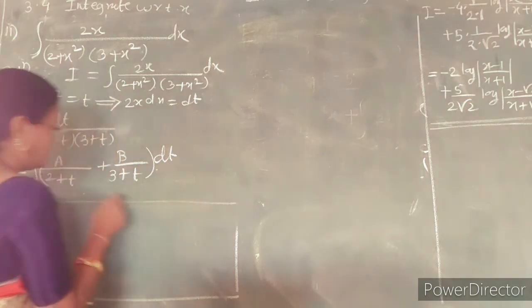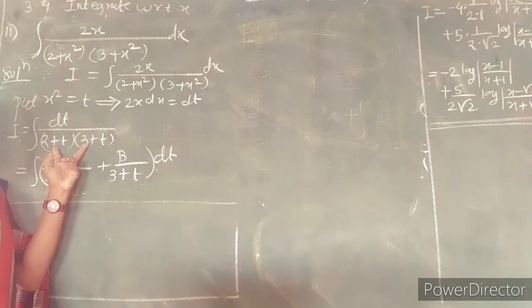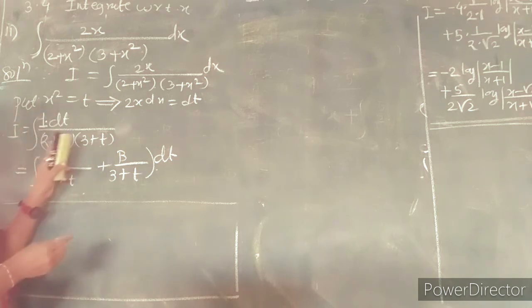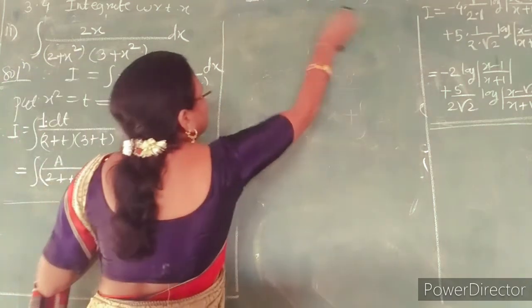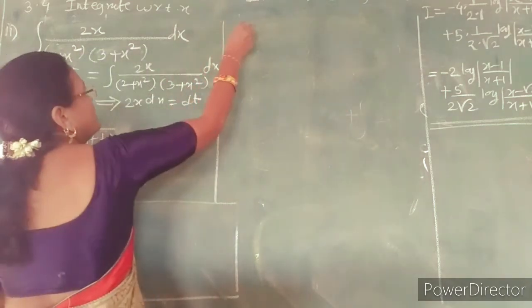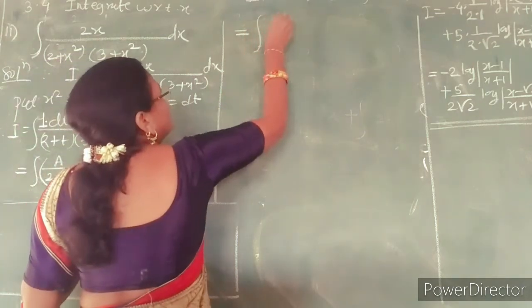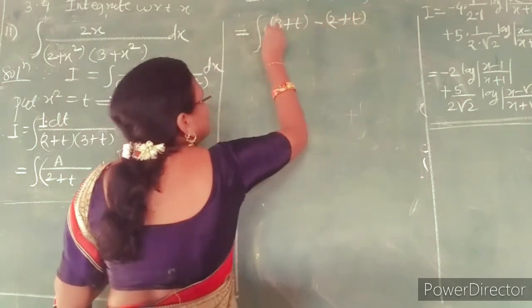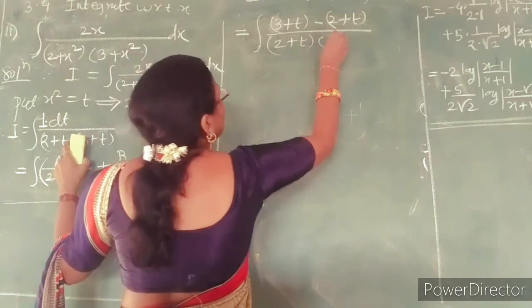Instead of this, without finding a and b, if the denominator contains 2 consecutive factors, at that time the numerator coefficient 1 can be written as their difference. So we get the values of a and b directly. You can write this as integral I equal to the bigger factor, 3 plus t, minus the smaller factor, 2 plus t, whole divided by the product of (2 plus t) into (3 plus t).